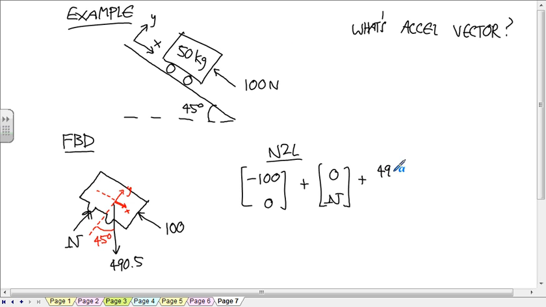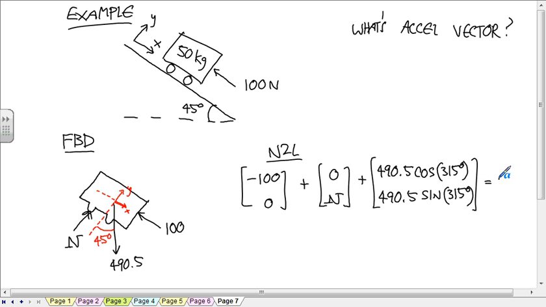So 490.5 times the cosine of 315 degrees, 490.5 times the sine of 315 degrees, and that's equal to the mass times the acceleration.